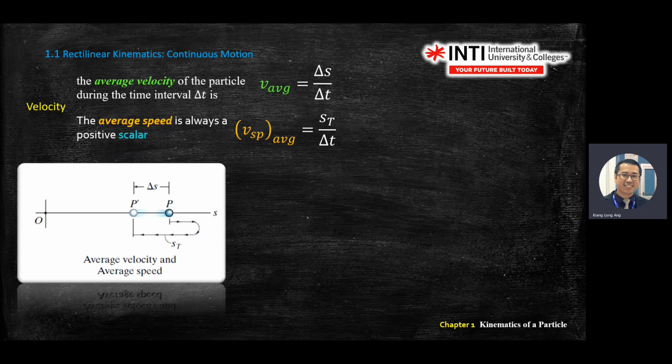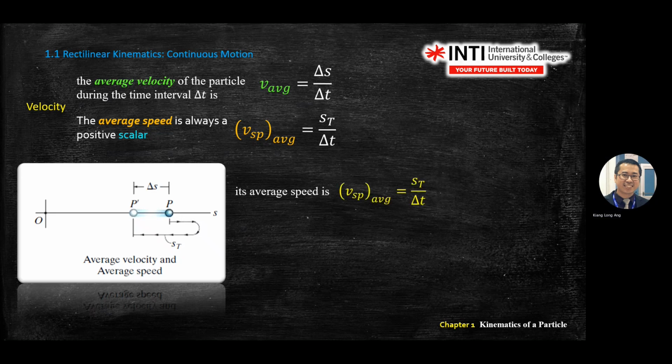But if the particle moves back a bit, and all the movement to the right is positive, then one of them will change, right? So for average speed here, you take the total distance, which means it moves somewhere and back here. So s_t divided by delta t.